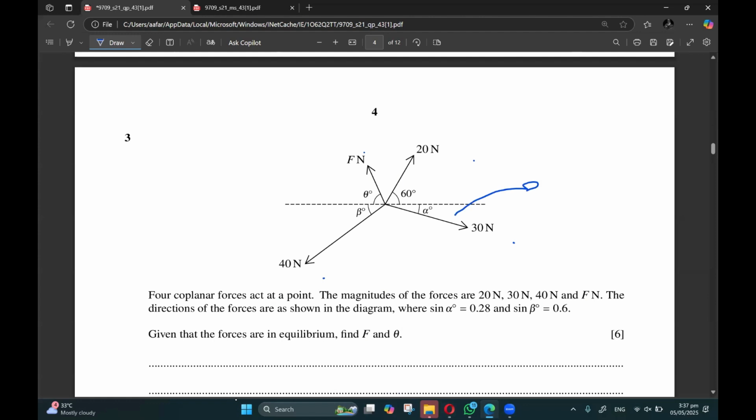So they've given us this: alpha is equal to sine inverse 0.28, and sine beta is equal to 0.6, so beta is equal to sine inverse of 0.6. Given that the forces are in equilibrium, find F and theta.